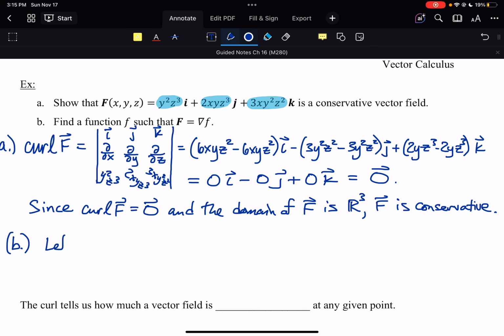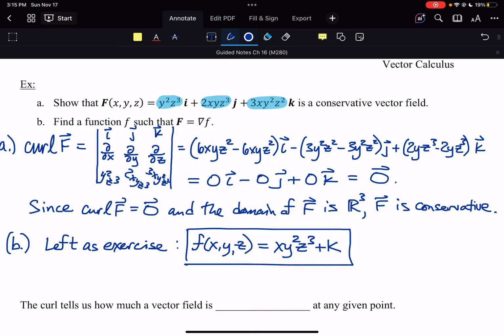But because this is work from a previous section, I'm just going to leave this as an exercise for you all, but I will tell you what the final function is. You don't get a lot of surprises. It ends up just being this one term here. So we get x y squared z cubed plus k, that constant. So if you're looking for extra practice finding potential functions, that's a great one to try out.